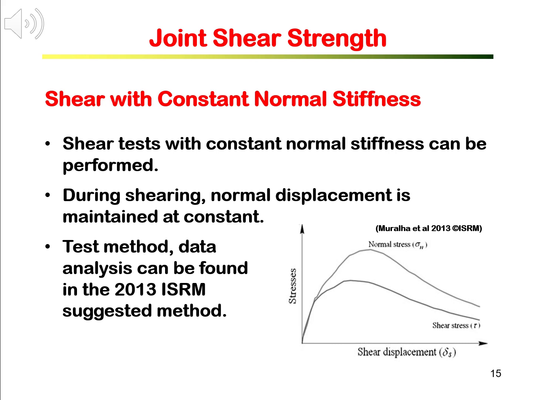That is, no normal displacement is allowed during shearing. This can be achieved by a stiff normal loading machine or by servo control of normal loading. In such a test, normal stress is no longer constant. It changes with normal dilation.